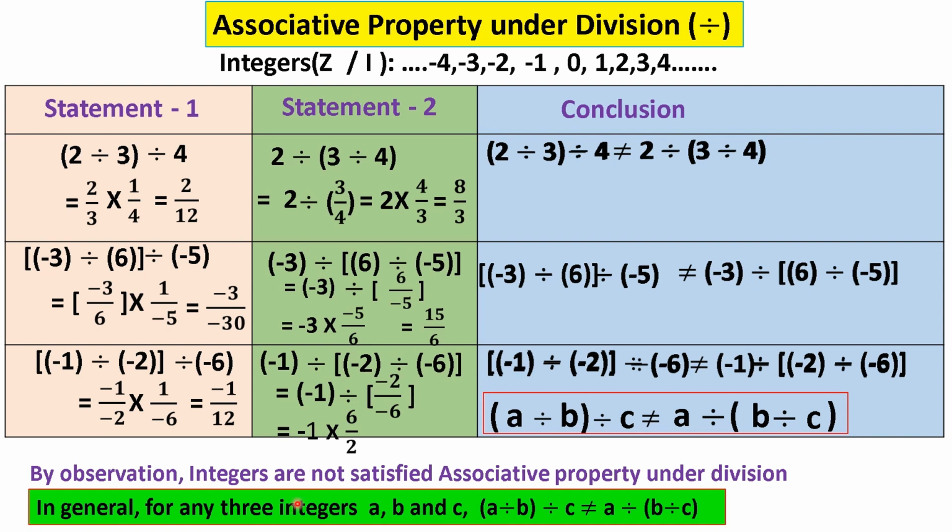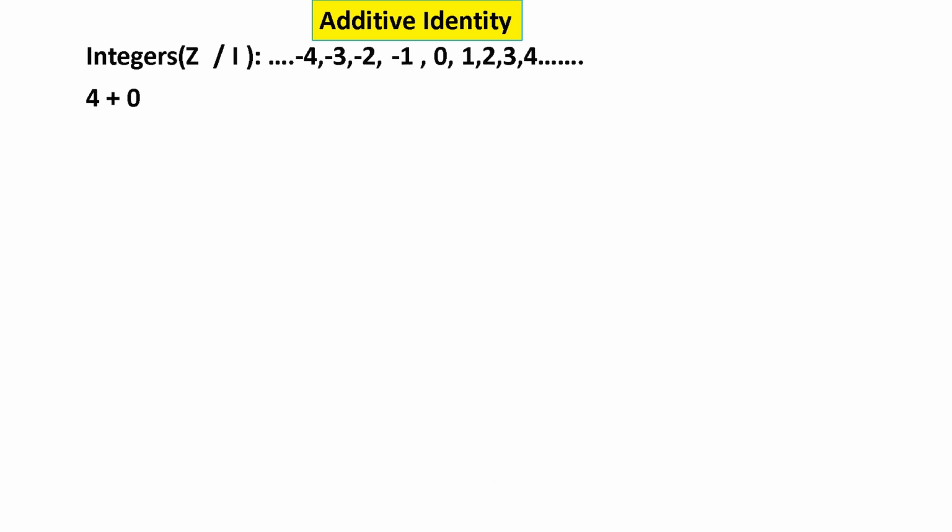So here, next we'll go to additive identity. We know the integers: positive, negative and 0. 4 is an integer and 0 is an integer. The sum of 4 and 0 we will get as 4, and 0 plus 4, what is the answer? 4.